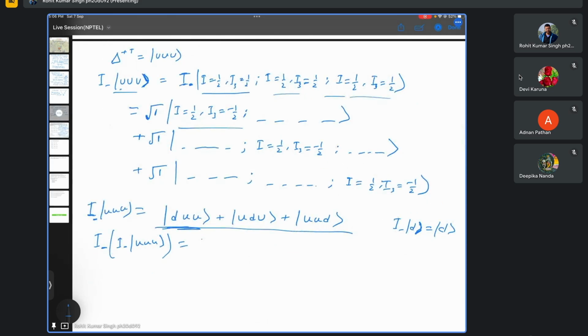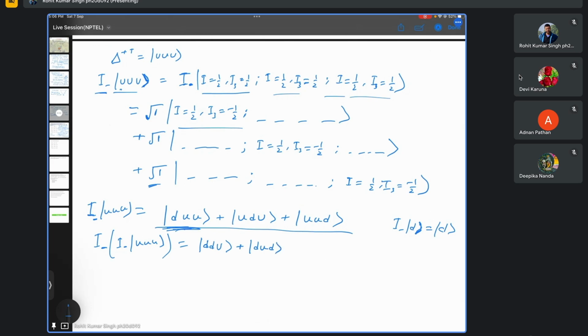Okay, so then if you apply here, again in the coefficient you will always get under root 1, right? And I'm not going to write in detail. So we know that one lowering operator takes u to d, so here you will first get ddu plus dud, right?